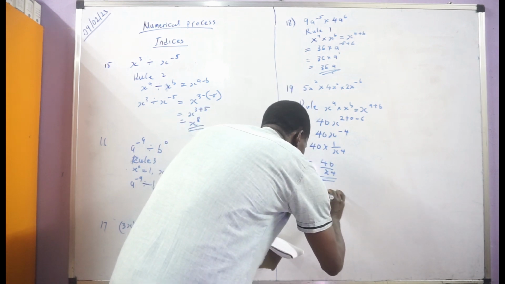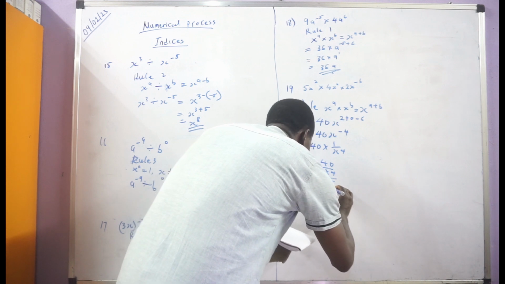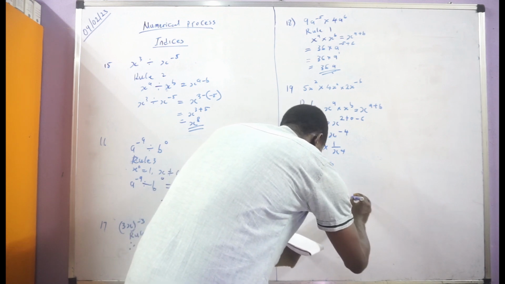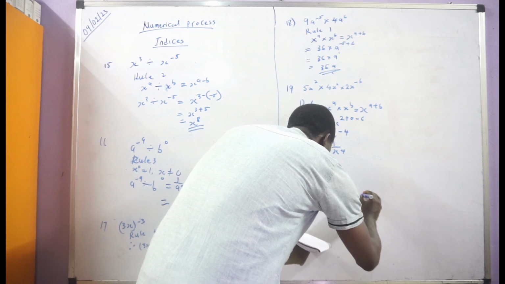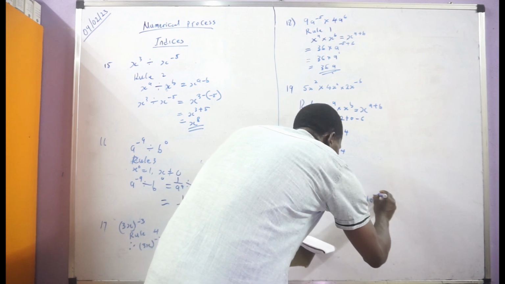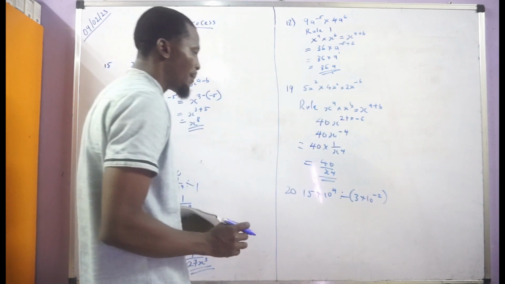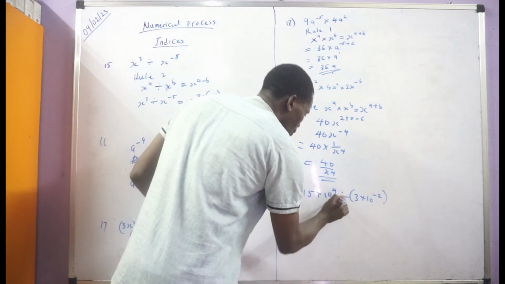15 times 10 raised to power 4 divided by 3 times 10 raised to power minus 2. So let's apply rule 2.